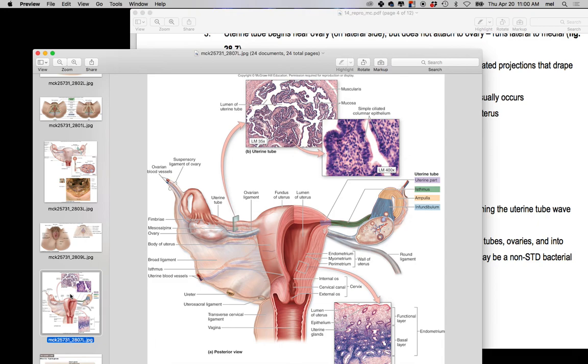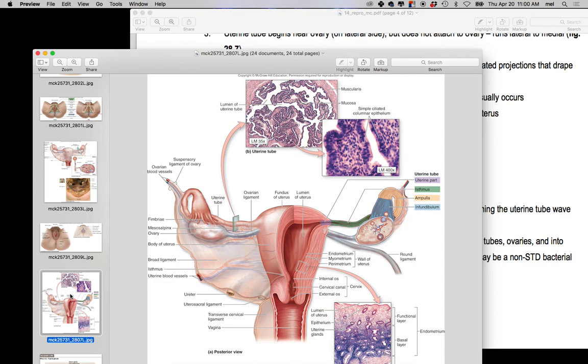You could, however, also have a pathogen that moves from your digestive tract, if you're wiping wrong, right, into your vagina, or your urinary tract if you had a UTI, okay? Regardless of how it occurs, remember that the whole thing is open, so the infection can go from the vagina up to the uterus, up to the fallopian tubes. It can even make it into the peritoneal cavity. It's not common, but it can.